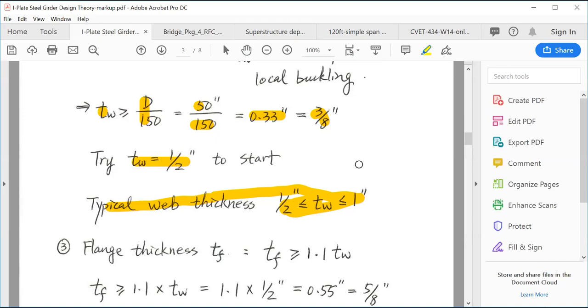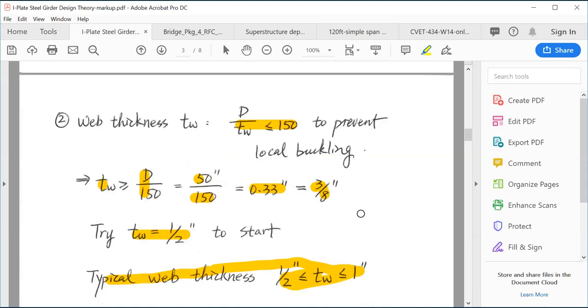If we design the girder and it fails in shear, we need to increase the thickness of the web, but we usually start with 1/2 inch, the minimum, and check the shear strength. If the shear strength passes, this thickness works, and if the shear strength fails, we have to increase the web thickness by 1/8 of an inch. Okay.